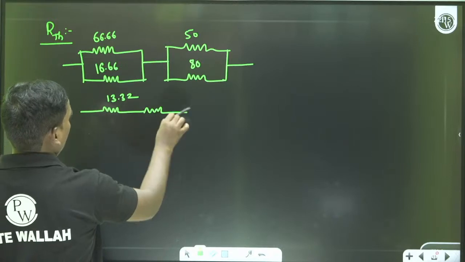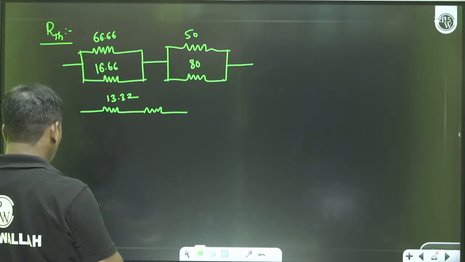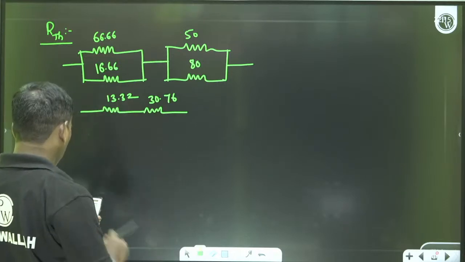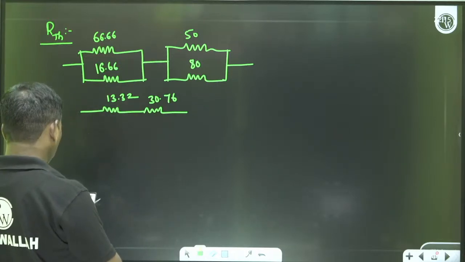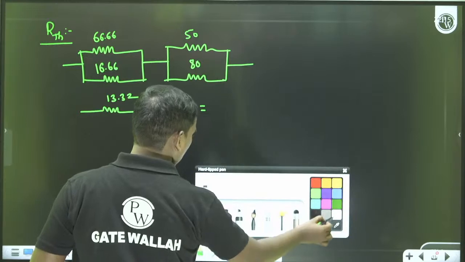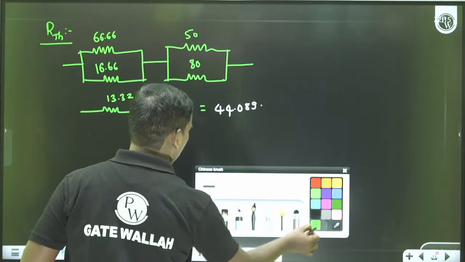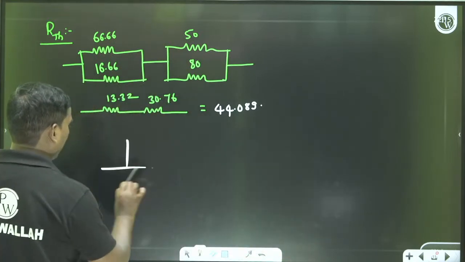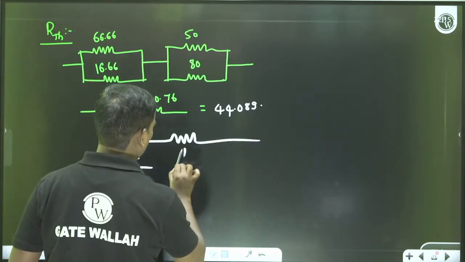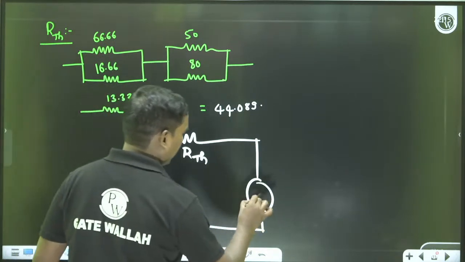This is 50 into 80 divided by 50 plus 80, coming as 30.76. It's coming around 44.089. So we can take this as V Thevenin, this as the R Thevenin, and this is our meter resistance.